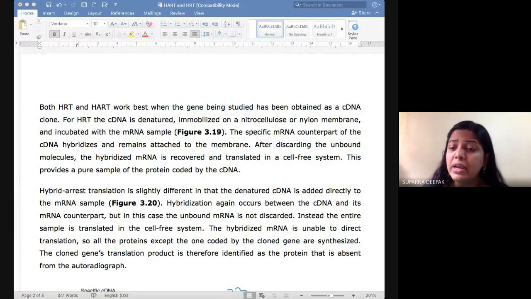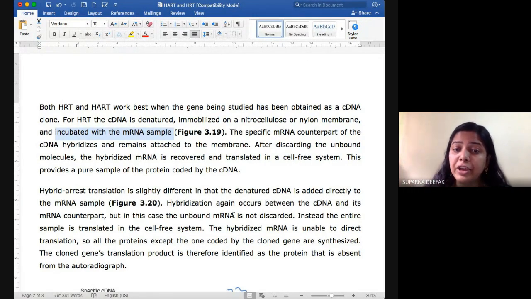You would have your cDNA, a single-stranded, denatured DNA, and whatever mRNAs you are extracting. Here we are talking only about HRT, so this is the process of HRT. You have to understand the difference between HRT and HART. Whatever cDNA is there is going to be incubated with the mRNA sample coming from your recombinant cells.